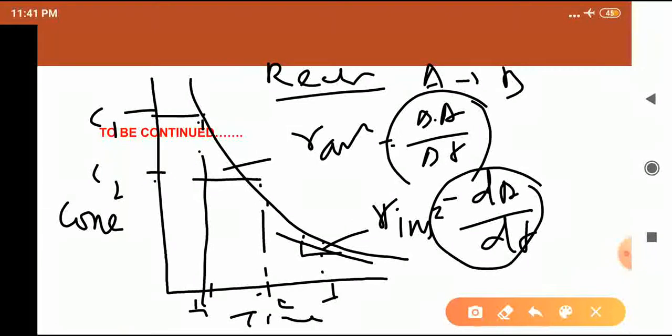From this graph, average rate of the reaction can be calculated by change in concentration between any 2 points divided by the time taken.